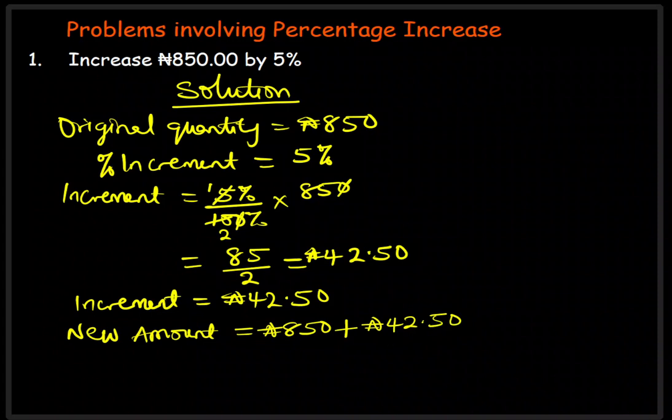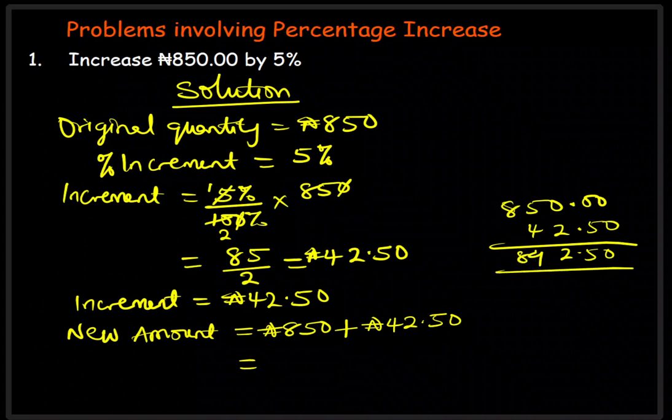If we add this, remember the point is at the end, 850 plus 42.50 will give us 892 naira 50 kobo.